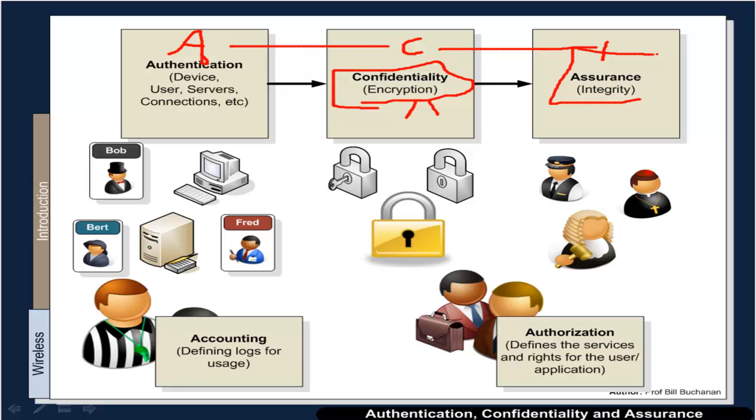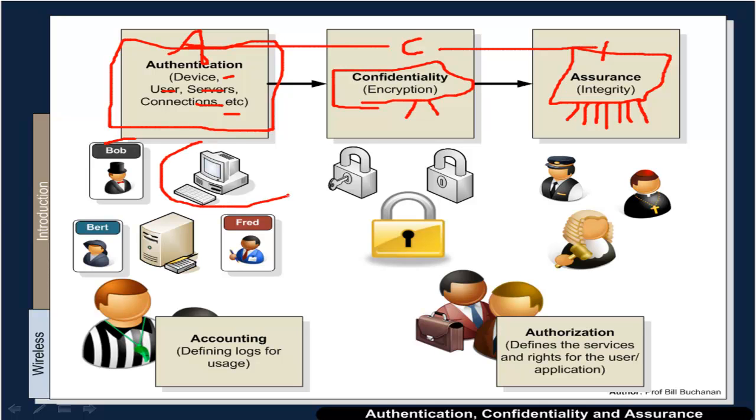We might also use hashing methods and encryption to make sure there is some assurance in data and in transmissions, and this defines the integrity, so that we can know that something that has been sent from someone hasn't been changed in any way. And then an increasing factor is the authentication of devices, users, servers, connections, and so on.